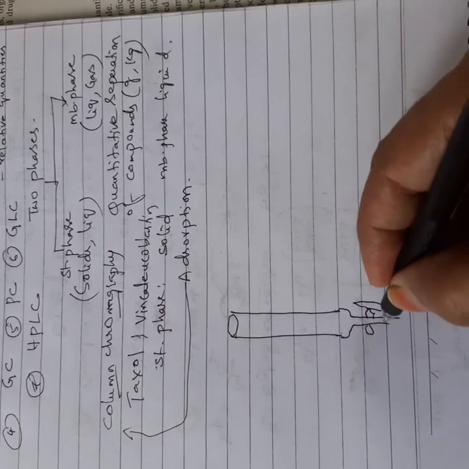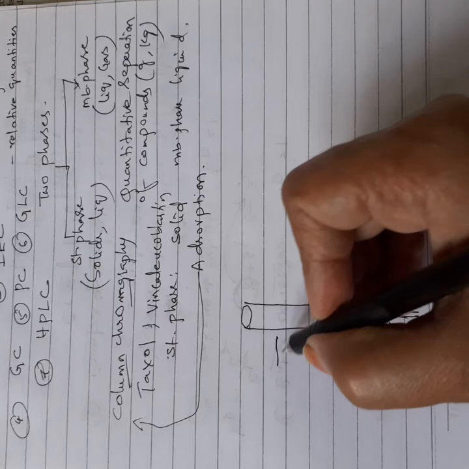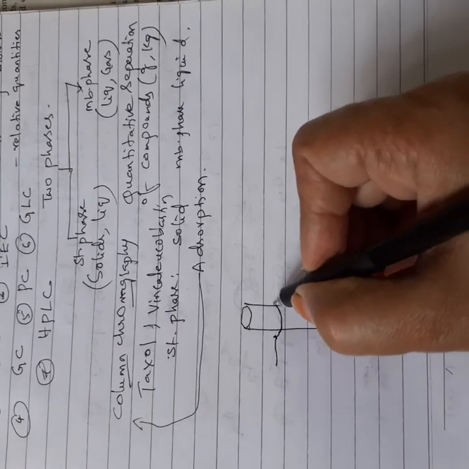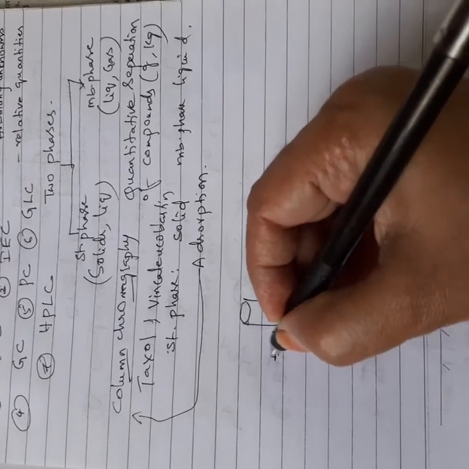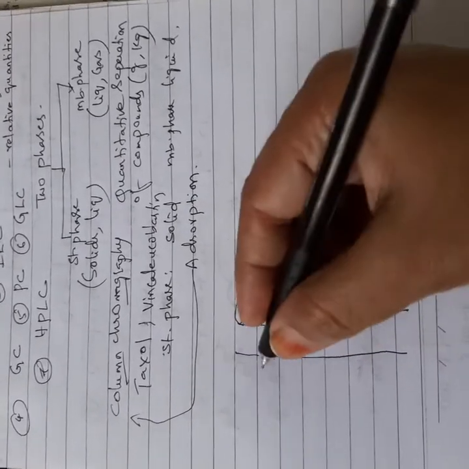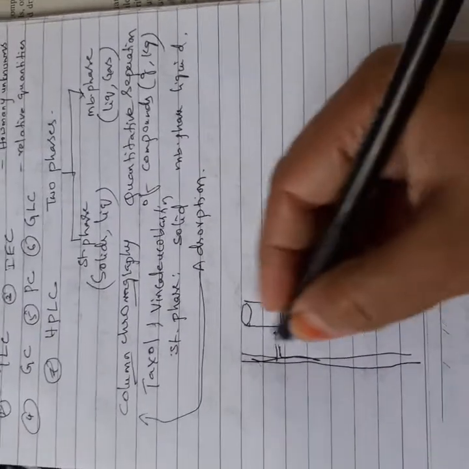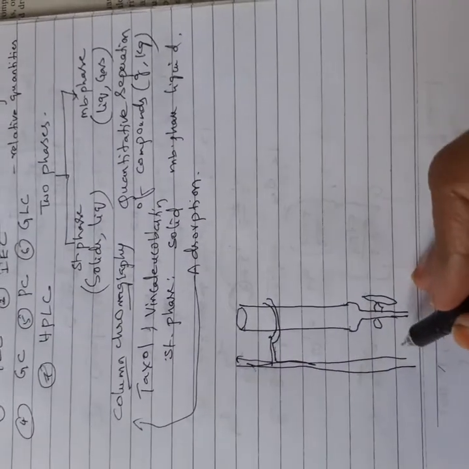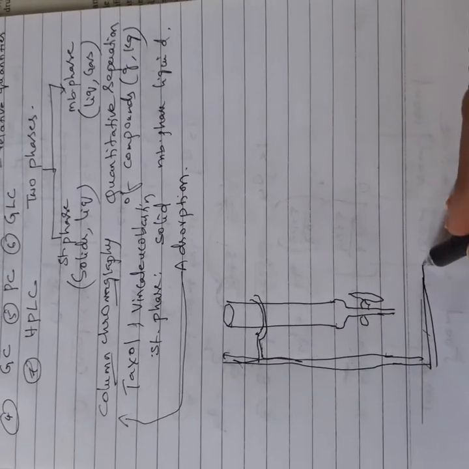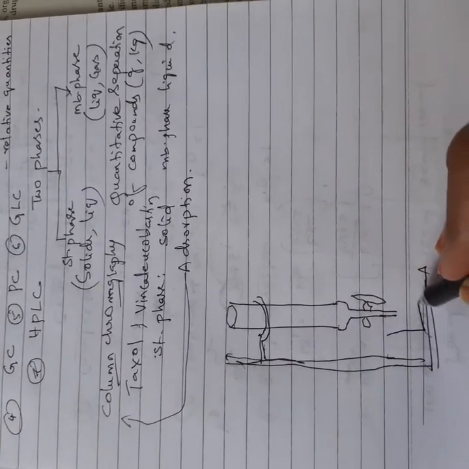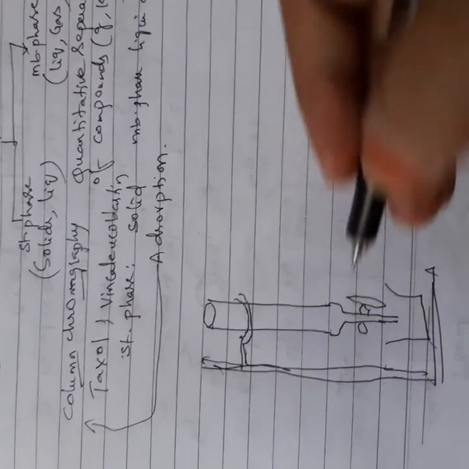There is an opening here, and below it a beaker, or you may take a conical flask also.